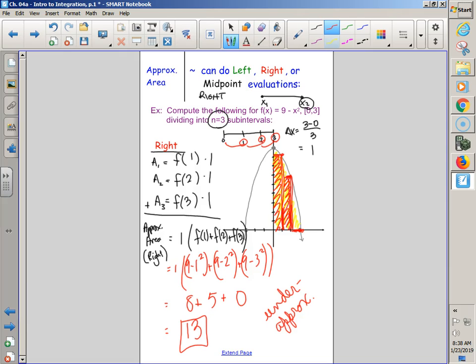Although, what if I was doing right-hand approximation? I'd be over. So wait, is it the concavity?